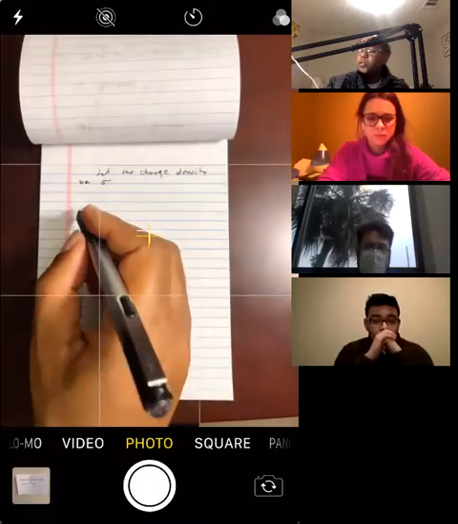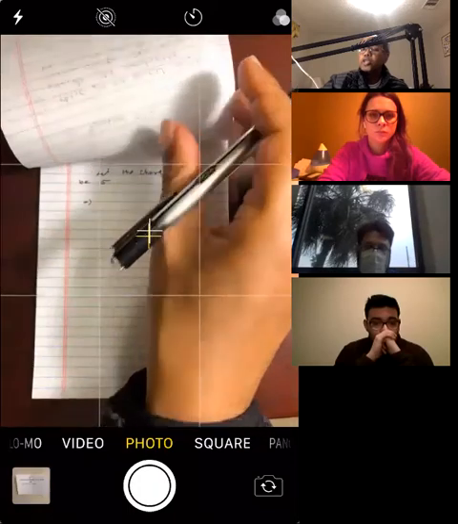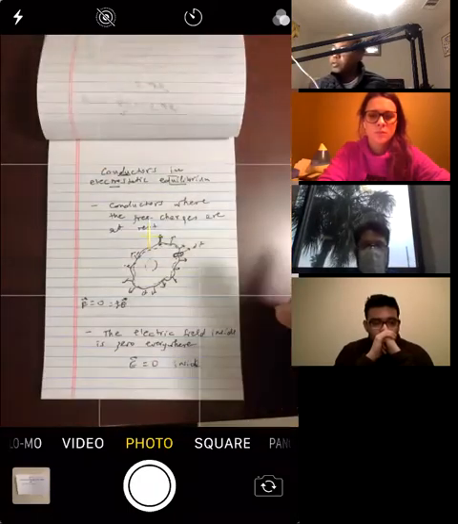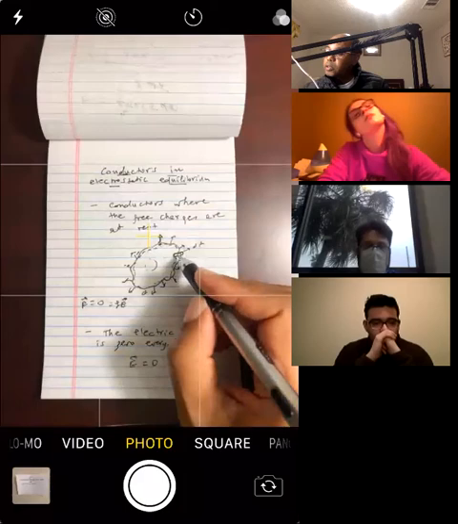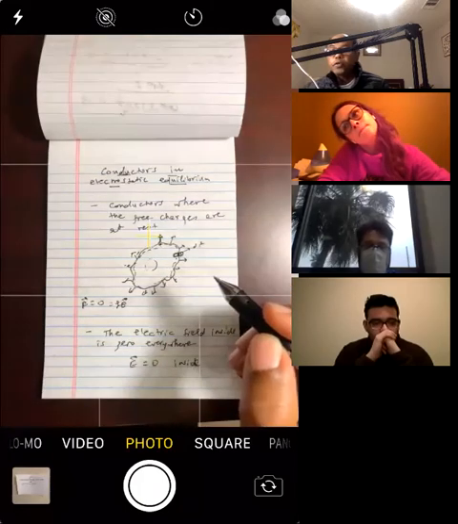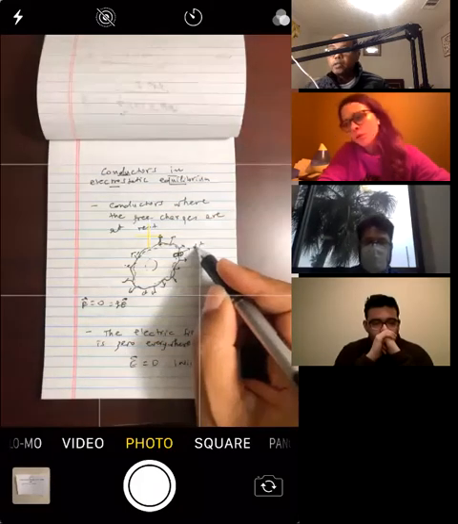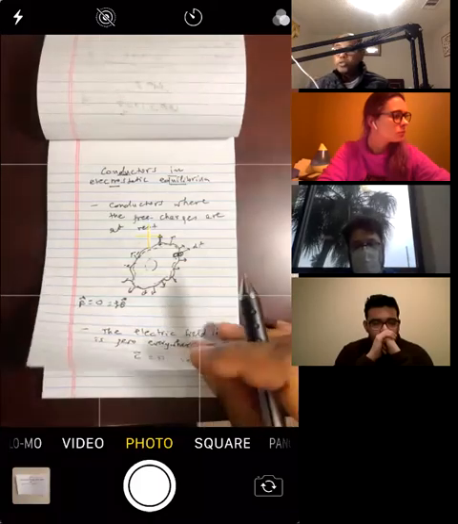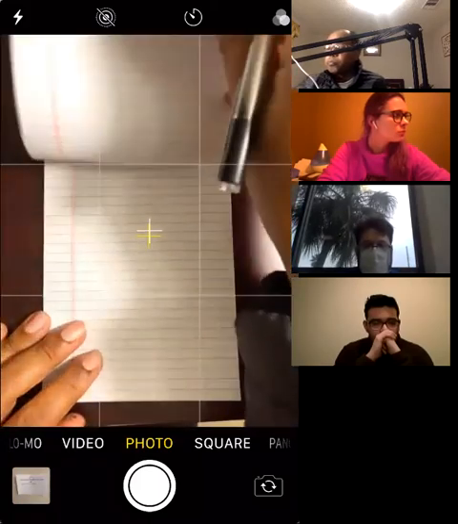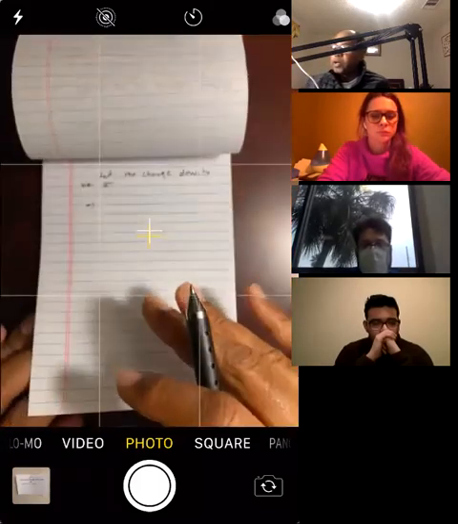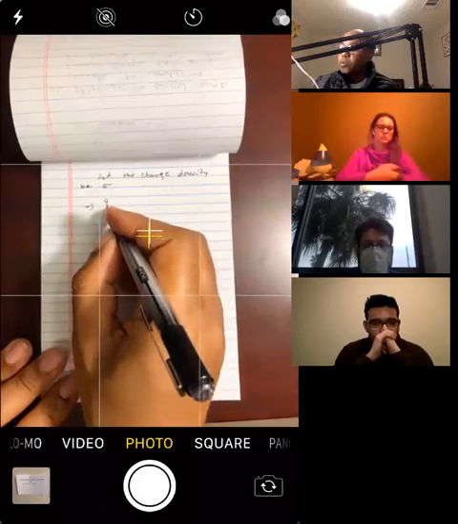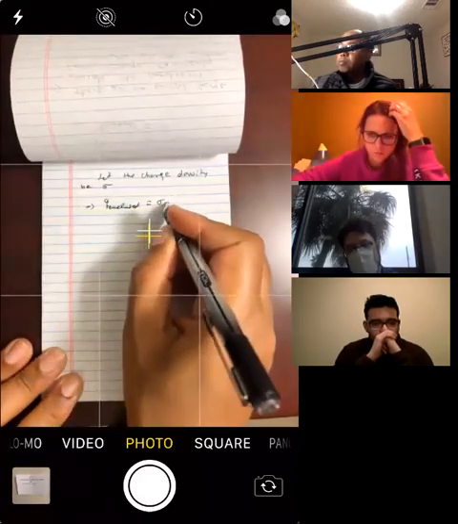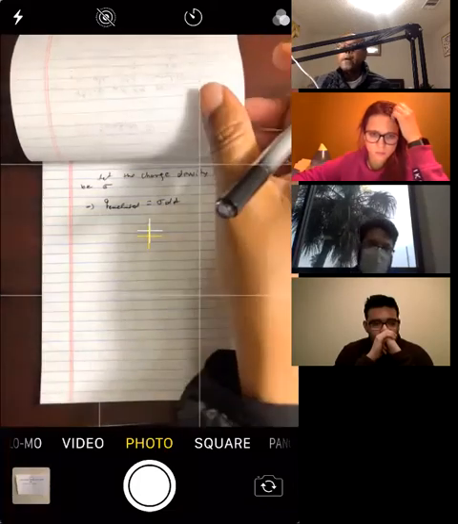The charge enclosed in this Gaussian surface is the charge density times the area: if the area is dA, Q enclosed is sigma times dA.